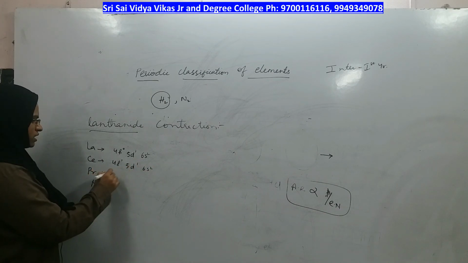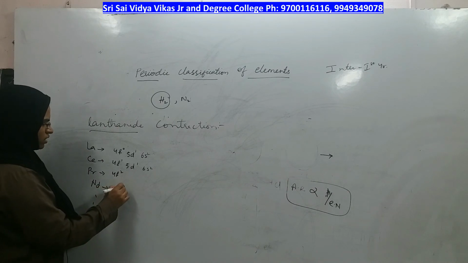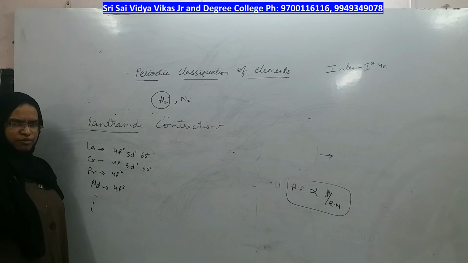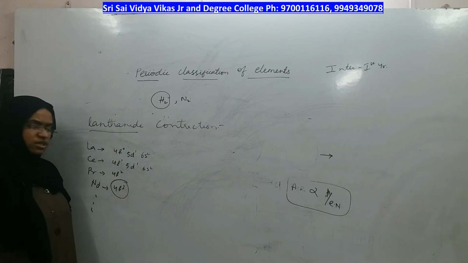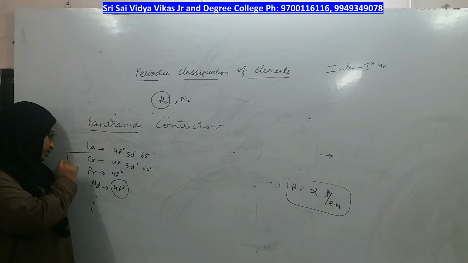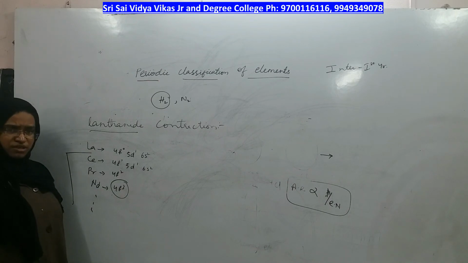Then comes praseodymium, in which f2, f3, like that it goes on in the complete 4f series. As there are 7 f orbitals, a total of 14 electrons can come. Therefore, lanthanides has 14 elements excluding lanthanum. Lanthanum is the beginning element, that's why you call them lanthanides.